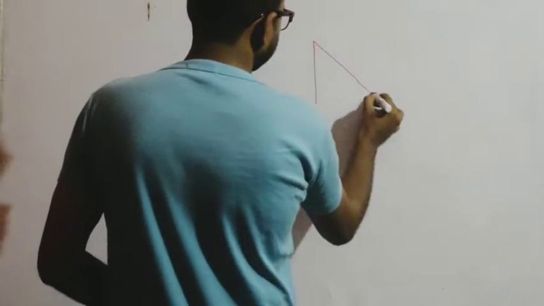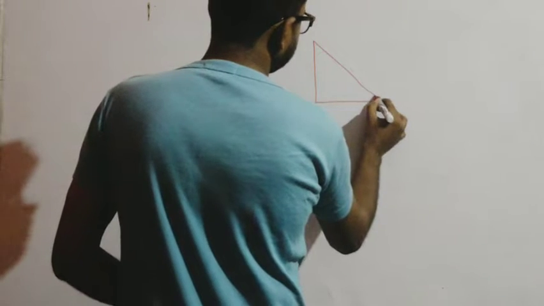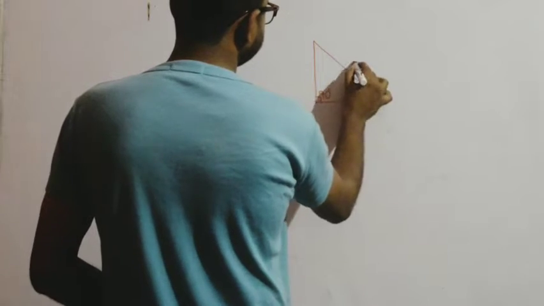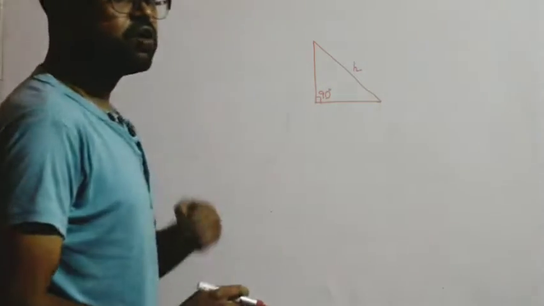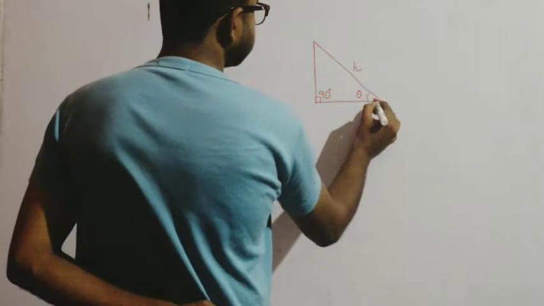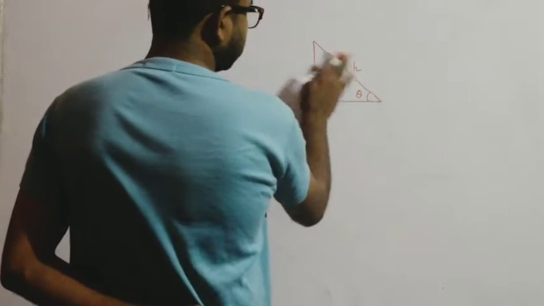Now, as you know, in a right triangle, the side opposite the 90 degree angle is the hypotenuse. Considering the acute angle, suppose we are considering this as the acute angle, there are two acute angles.